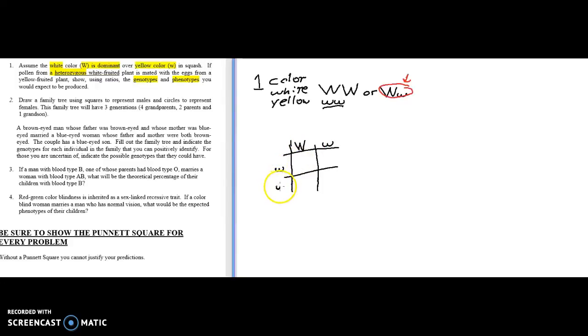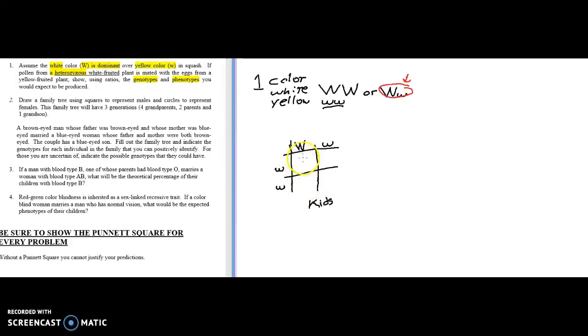That means 2 little w's, but you rip them apart. You have to separate them. If each of these boxes represents a possible offspring, we're looking at what this child could have for genetics, or this one, or that one, or that one.